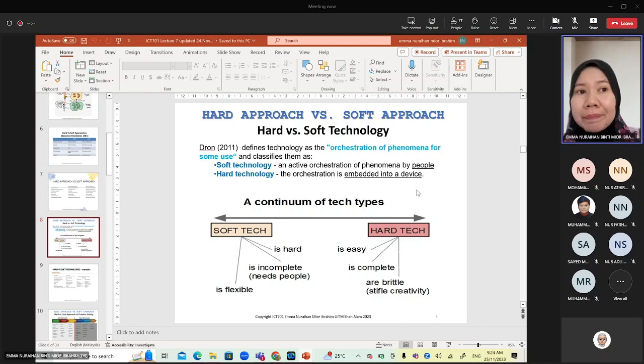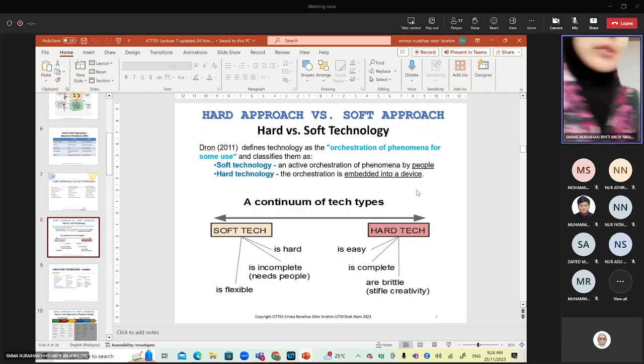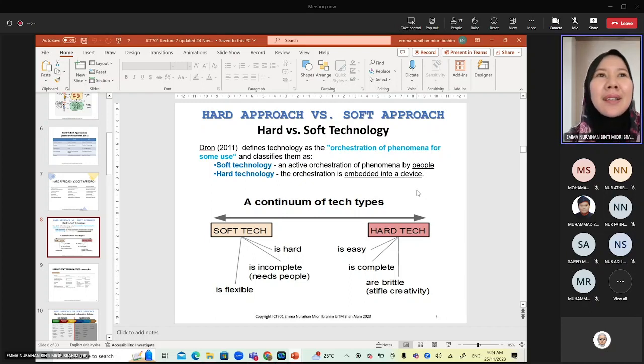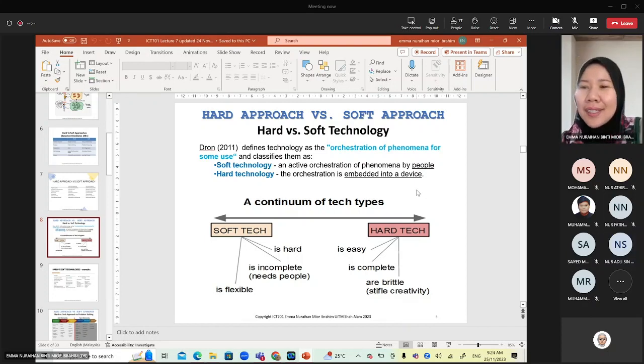Seluruh dunia, kalau tengok ya, yang banyak buat demo ni dekat mana? What do you think? Yang banyak buat demo ni dekat mana? The Arabic side or the Western side? Western side. Kan? Surprisingly. The Western side yang nampak the word humanity tu.